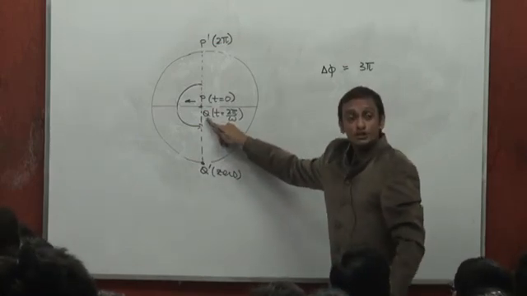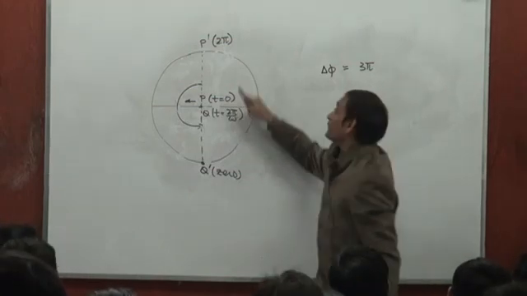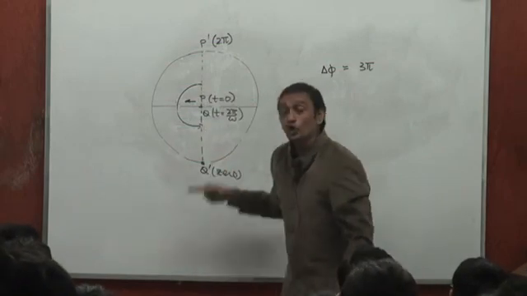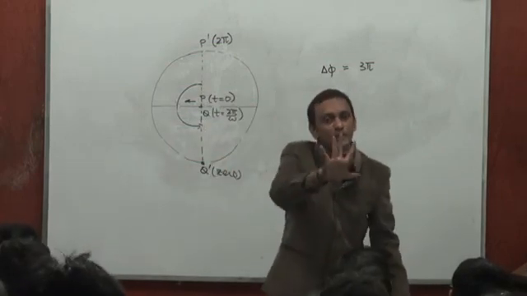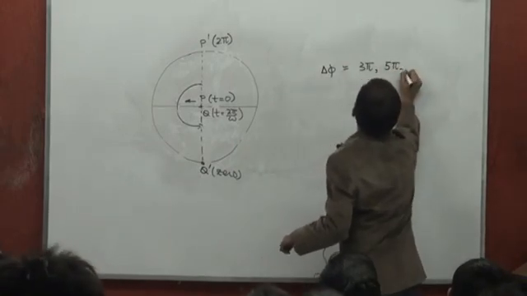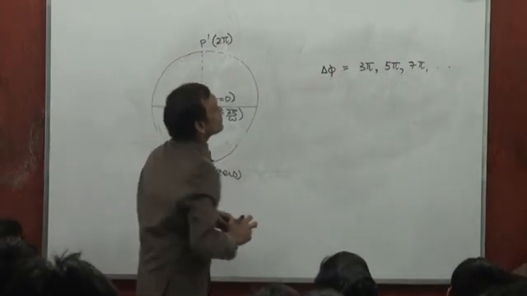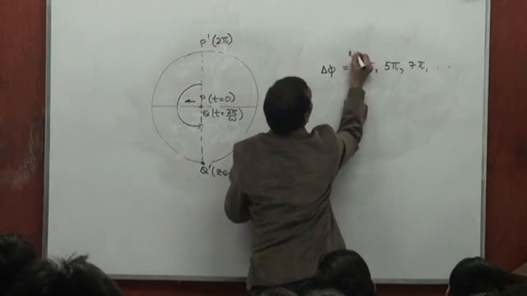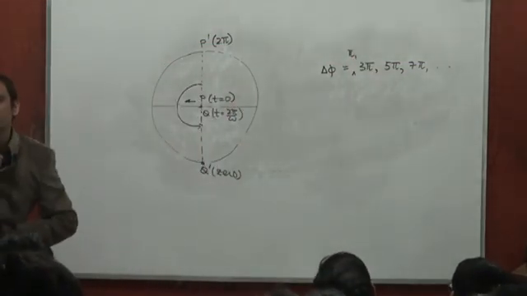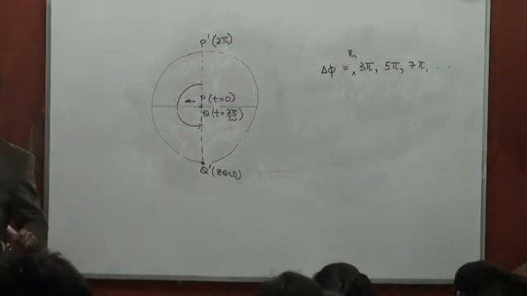We could have imagined Q to have started at t equal to 4 pi by omega. Then this would have been 4 pi, and the phase difference between P and Q would have been 5 pi, 7 pi, etc. Do you realize that a phase difference of pi, 3 pi, 5 pi, 7 pi between two oscillators is all the same?